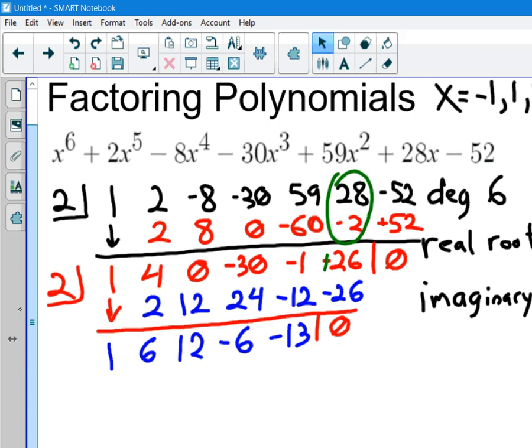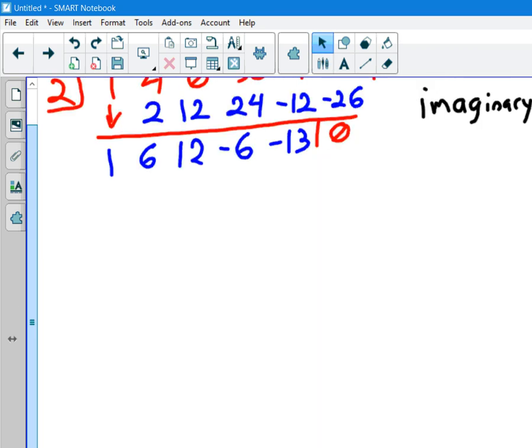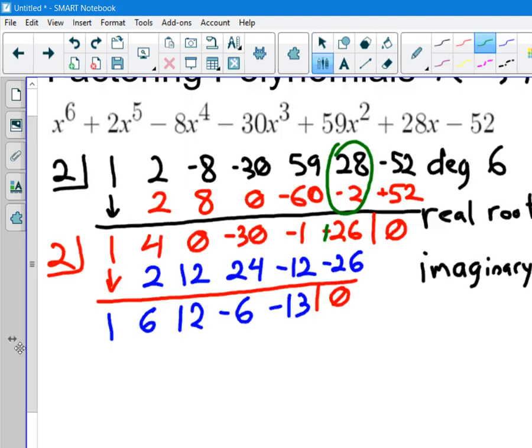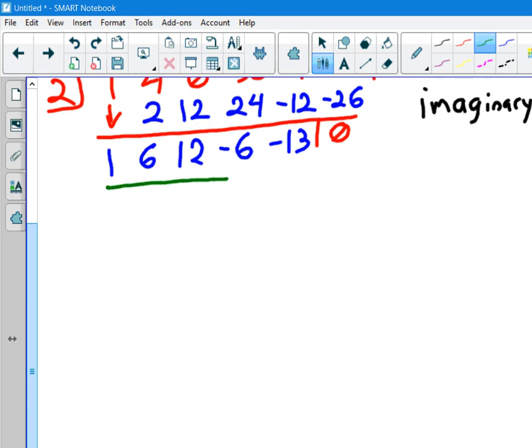But we'll get to that in a minute. So now I'm working here. This represents, so the 13 is the constant. This is degree 4, and so this would actually represent the polynomial 1x to the 4th plus 6x cubed plus 12x squared minus 6x minus 13.